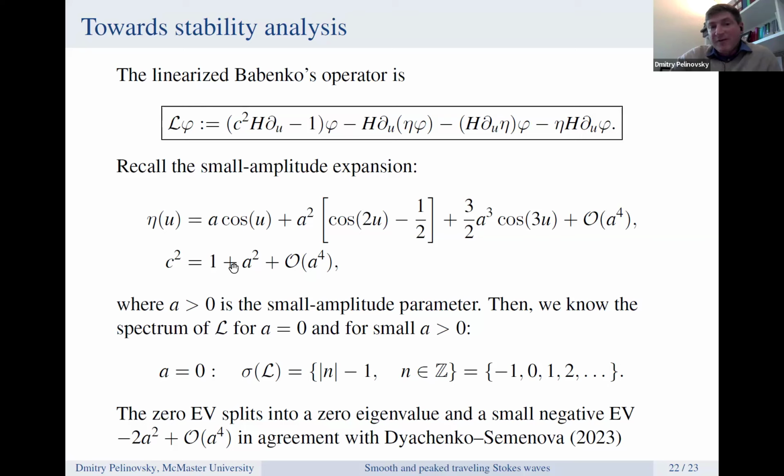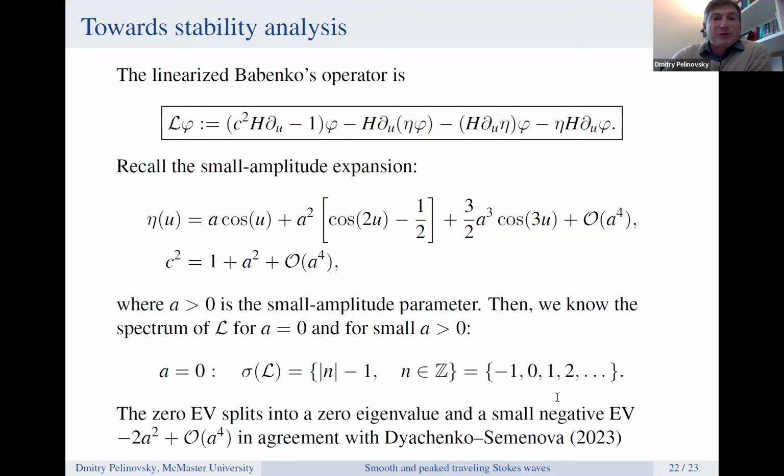If we now bifurcate from this limit along the family of periodic wave solutions, then the 0 eigenvalue is split, and it remains as a simple 0 eigenvalue because of translational symmetry, but it also generates a small negative eigenvalue. And this value is precisely in agreement with numerical results published in a paper of Sergei Dyachenko and Simonov.